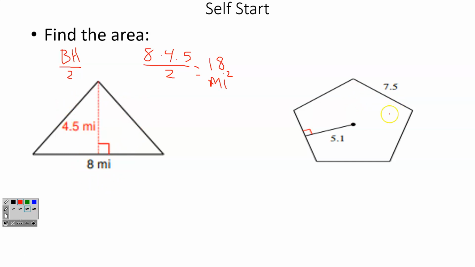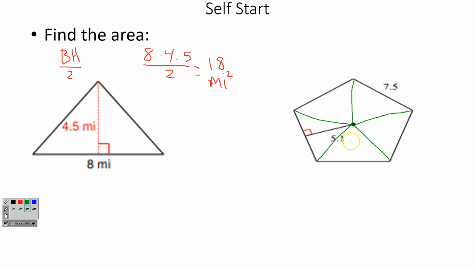Next shape, I have a pentagon here. There are 2 ways you could do it. You could do the triangle method. I'm going to try my best to draw some straight-ish lines. There you go.